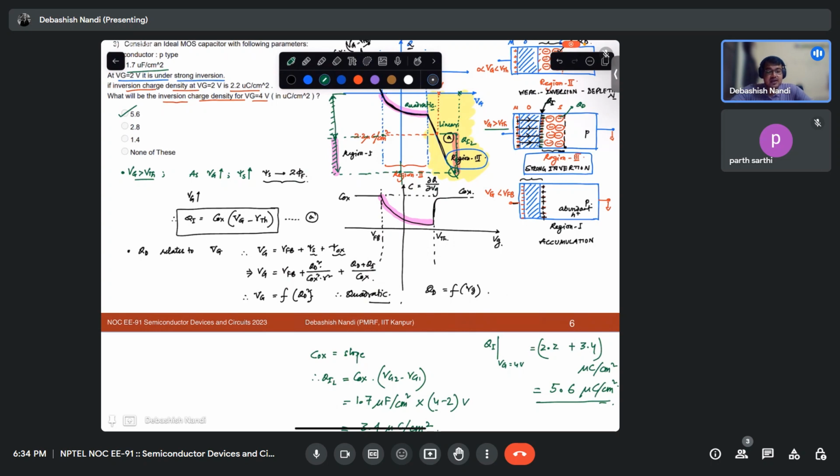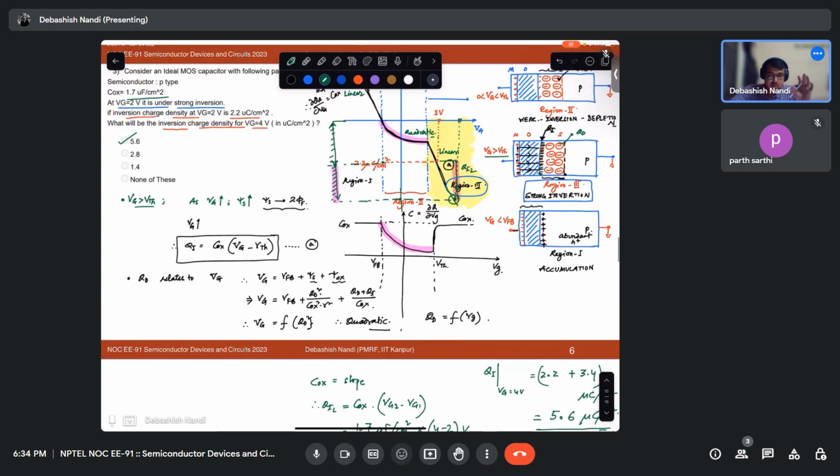So what is the crux of the problem? The crux of the problem is that you need to understand that in strong inversion, the slope of the QV characteristics does not change. It is Cox because it is constant here, right?